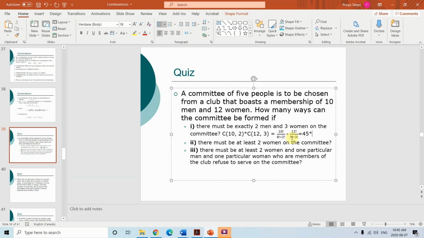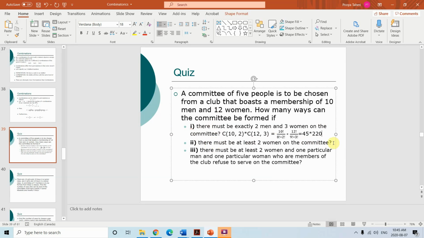So it's going to be 10 times 11, that's 110, times 2, that's going to be 220. Let me double check. 12 times 11 times 10 divided by 6 is 2 times 10 times 11. That's correct. So this is going to be the answer for the first part.